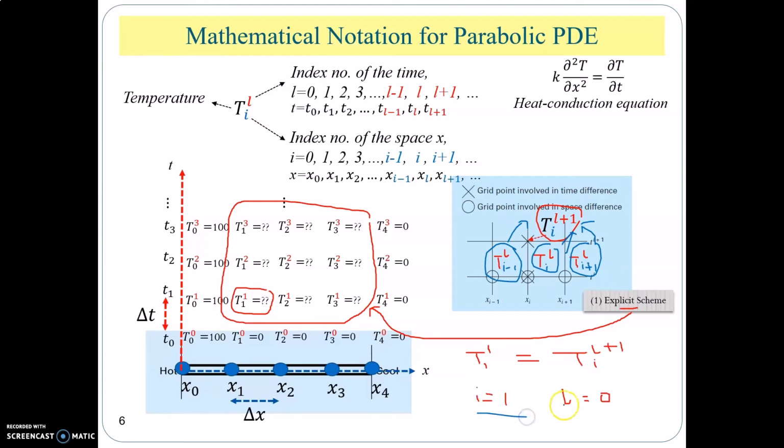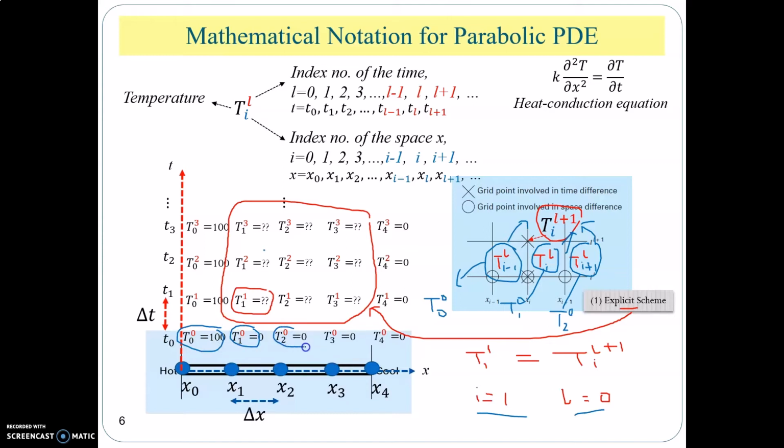By using i equal to 1, l equal to 0, we can find this to be T_0^0, this to be T_1^0, and this is T_2^0, which is the temperature at these 3 points.